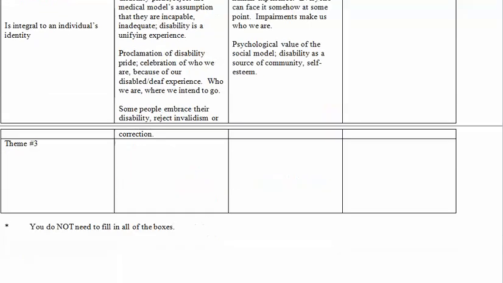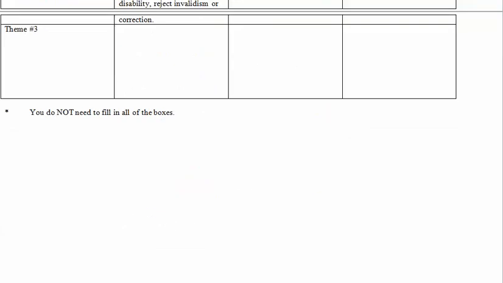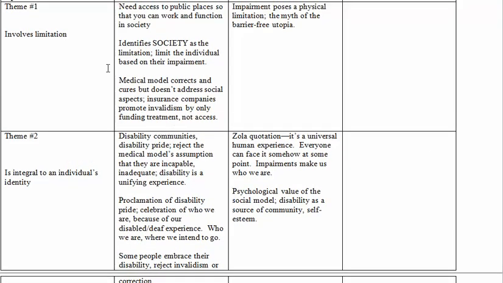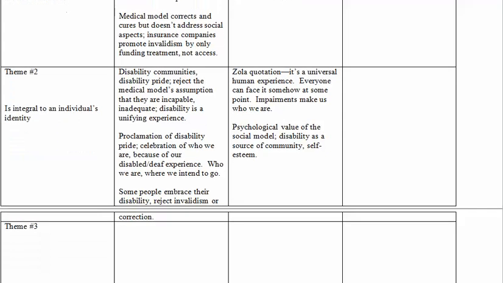And maybe I decide that it can be the basis for a culture. Maybe that would be my third theme. So I would write involves limitation, is integral to an individual's identity, and down here for theme 3, I might type in can be the basis for a culture. I can't do that because I'm stuck in protected view. But anyway, I could do that.